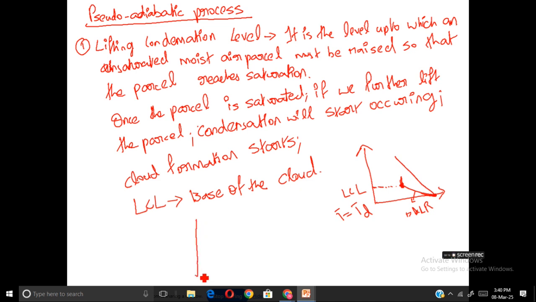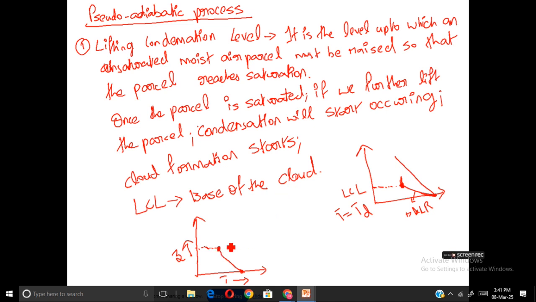So what I was telling, suppose this is the atmospheric height in the atmosphere, and this is the temperature. There is a parcel which was at the surface. By some mechanism, the parcel was lifted. As it is lifted, the temperature will keep on reducing, and at some particular level, the actual temperature of the parcel and the dew point temperature of the parcel becomes equal. T will become equal to TD.